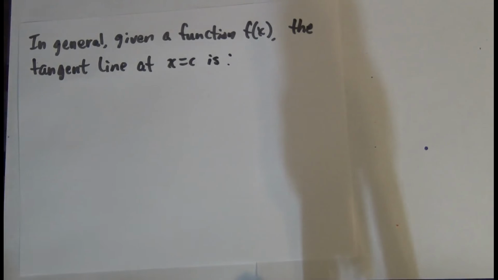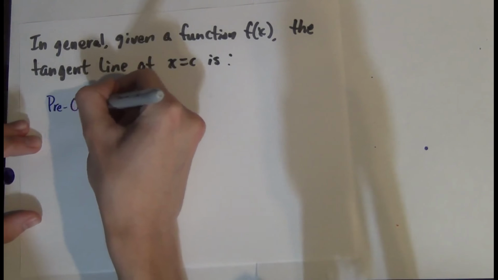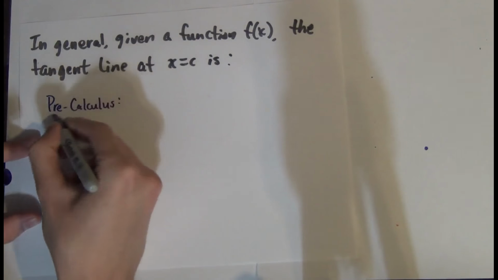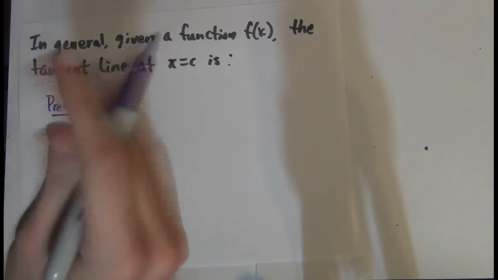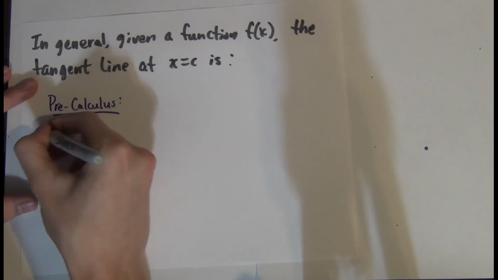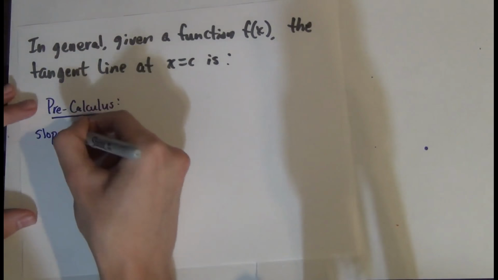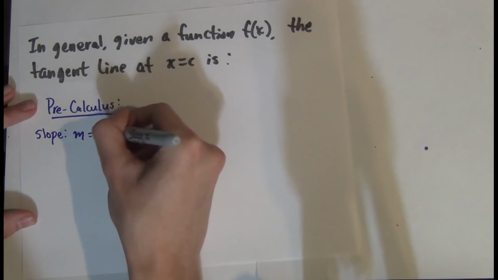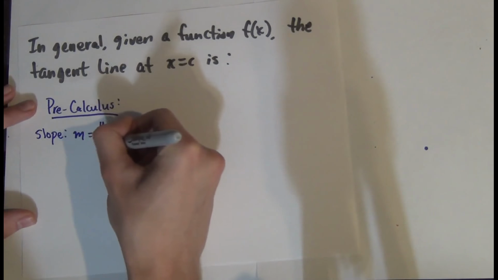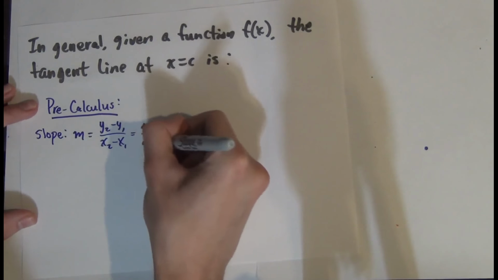Okay, so in pre-calculus, we learned that I only need two things to find the equation of any line. I just need slope and a point. So slope was just given by m, which was also the change in y over the change in x, which you can write as delta y over delta x if you want.